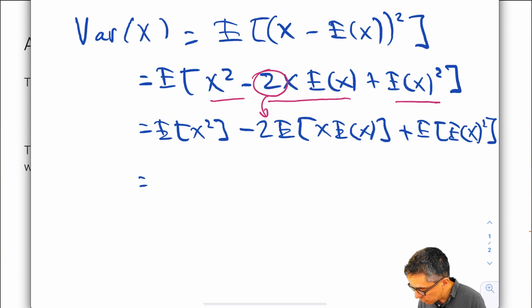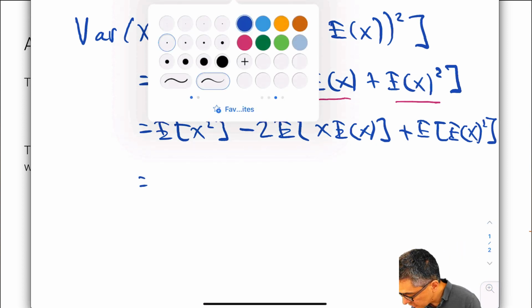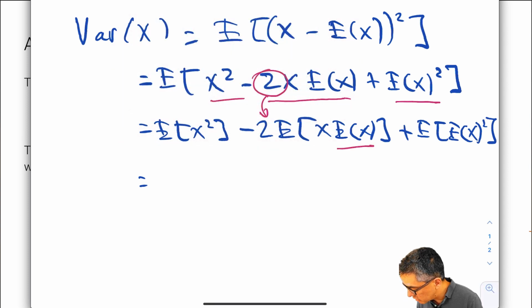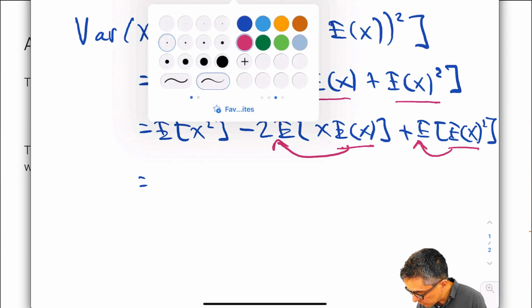But there's a few more things that are constants. Expectation of x is itself a constant, right? The expectation of x right here is a constant, and the expectation of x quantity squared, the square of the expectation of x, is also a constant. These are just numbers, so these things also come out of the expectation easily. So what we're left with is the following.